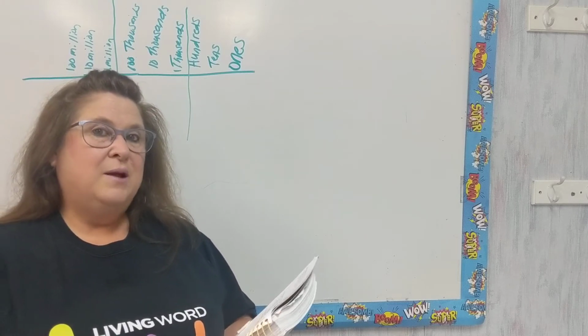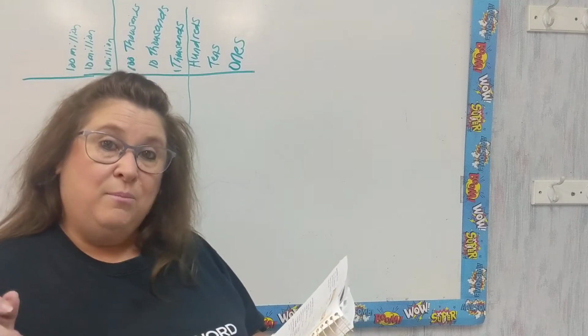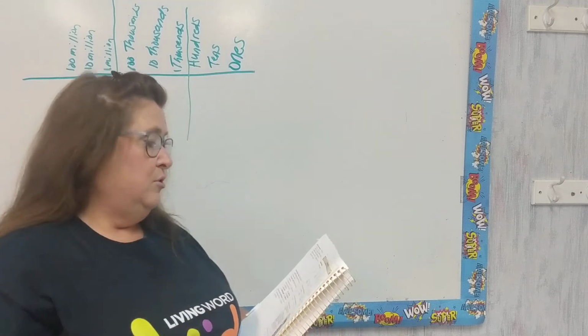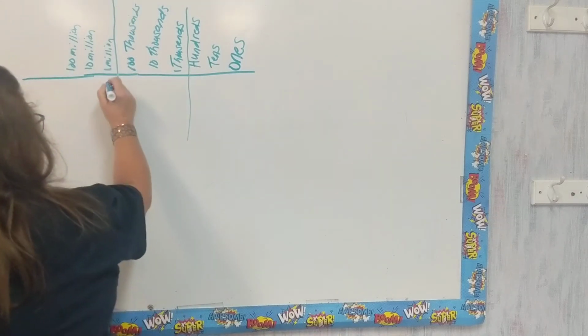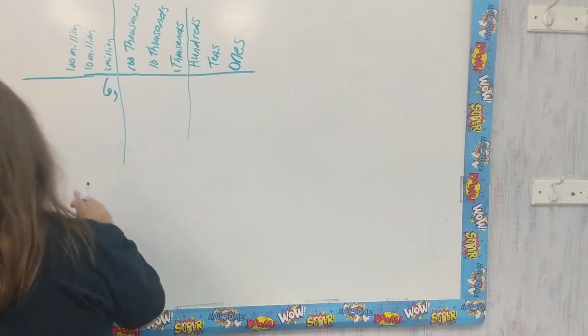Now remember, every time we say one of the places, thousands or millions, we put a comma for the last name, okay? So look up here. So we're writing 6 million. There's our comma, so we know to say million.